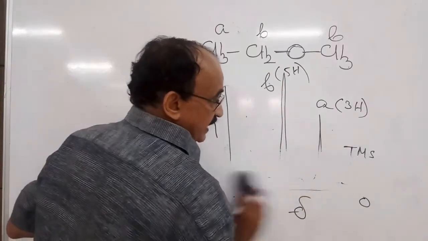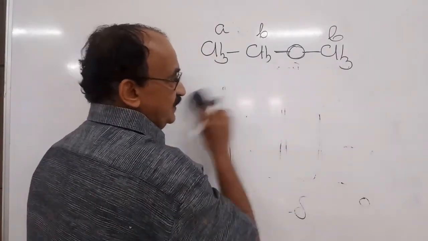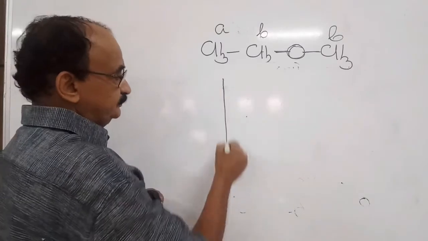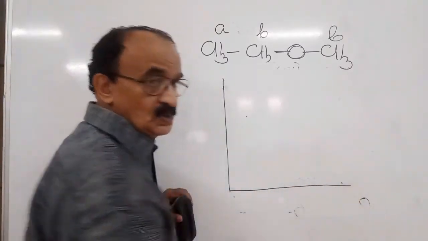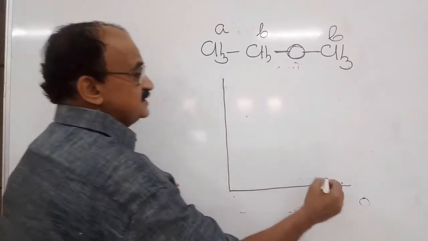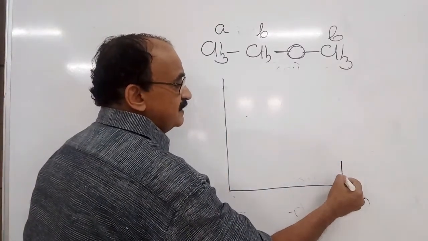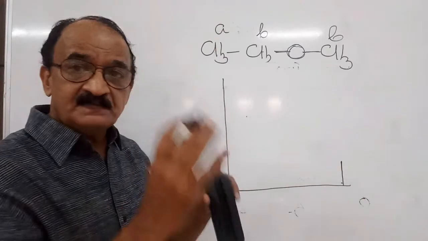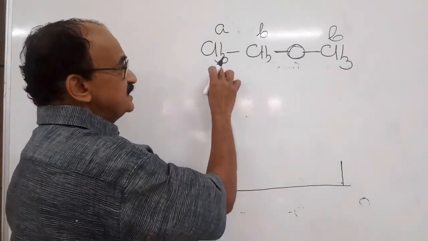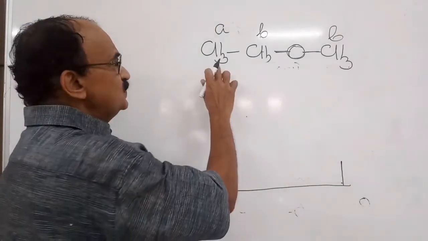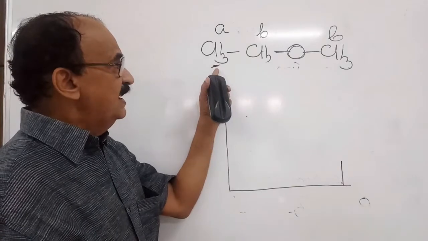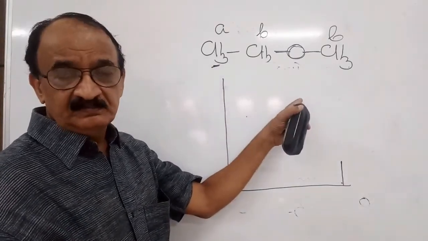Right? Now, you consider a high resolution spectrum. When you consider a high resolution spectrum of the compound, this is the TMS signal, which you will get as a sharp signal under high resolution, and after that you get the signal due to A. Near A, how many protons are there?